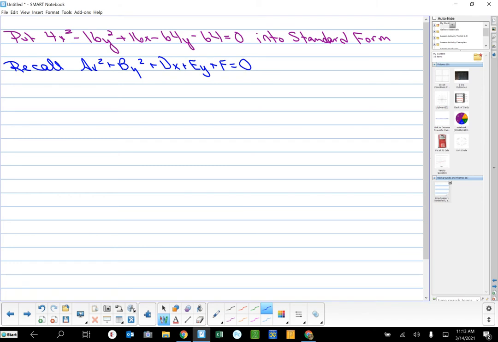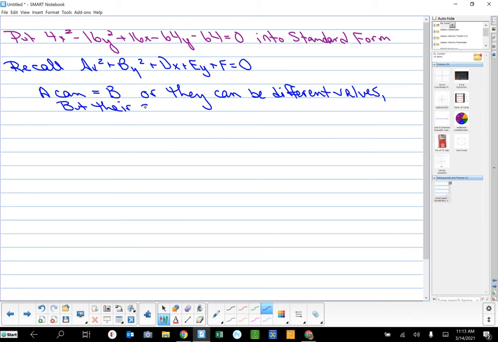However, in a hyperbola, a can equal b, or they can be different values, but their signs must be different. And that's how you know, looking at it, that it's a hyperbola.